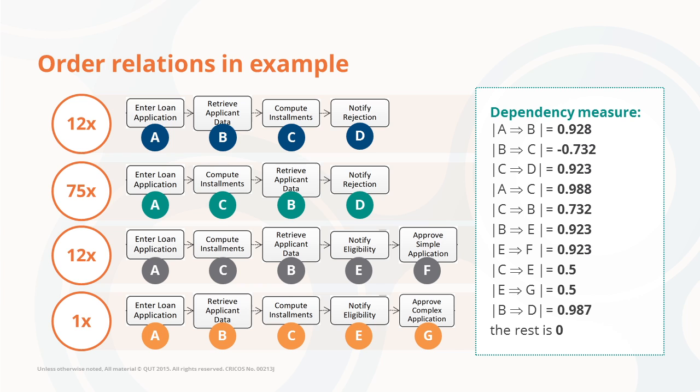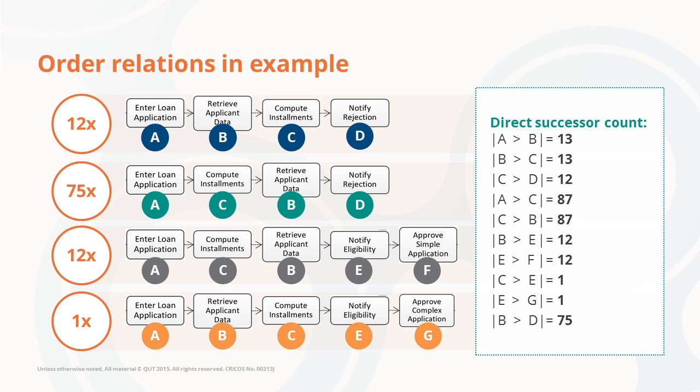Concurrency from our examples is the relationship between B and C. We see that B being followed by C occurs 13 times. We also see that C is being followed by B, and this is occurring 87 times.